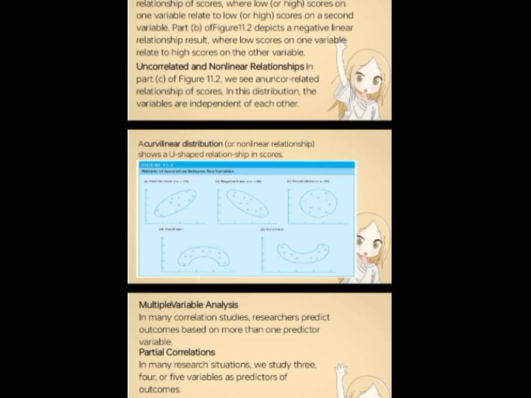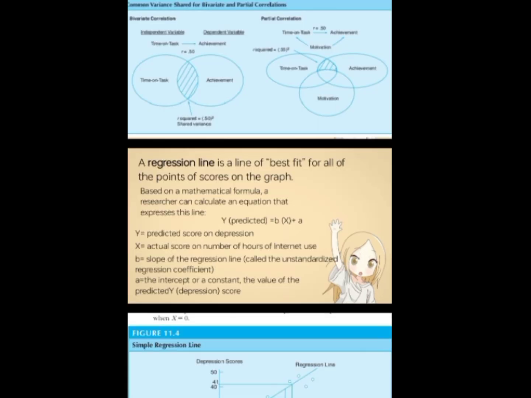Correlation researchers use the correlation statistic to predict future scores. So we can see Figure 11.3, the common variance shared for bivariate and partial correlation. A picture of two variables followed by the inclusion of a third can help explain partial correlations.